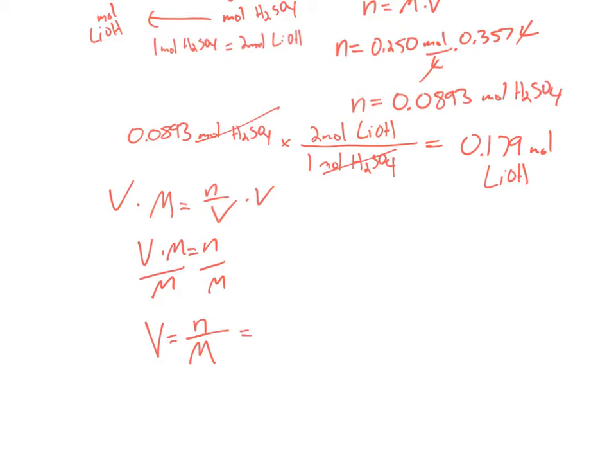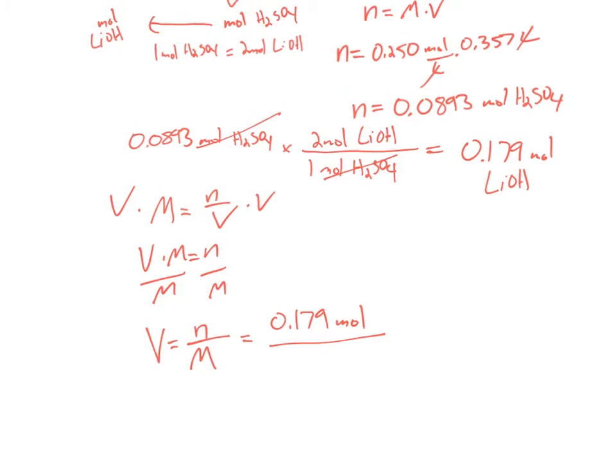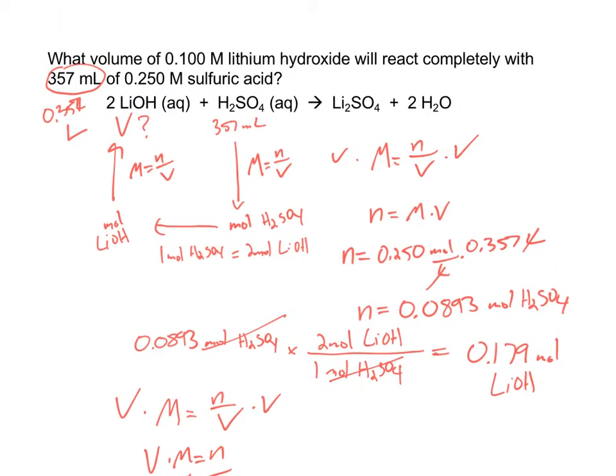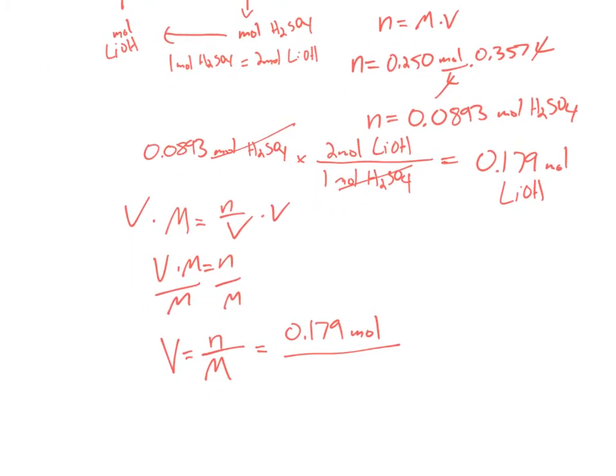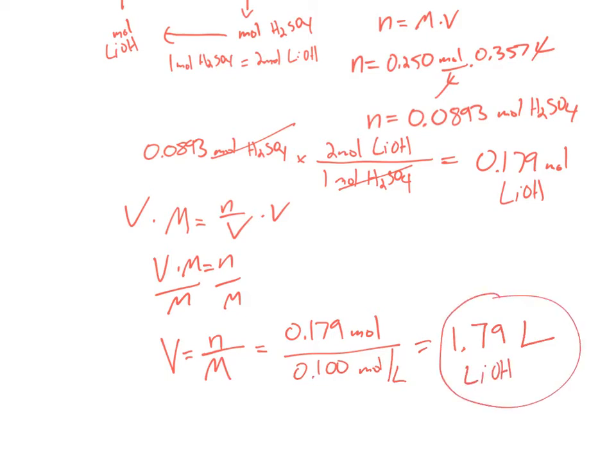So I'll take my 0.179 moles of lithium hydroxide, divide that by the concentration of lithium hydroxide, the 0.1 molar, so I'm going to need 1.79 liters of lithium hydroxide.